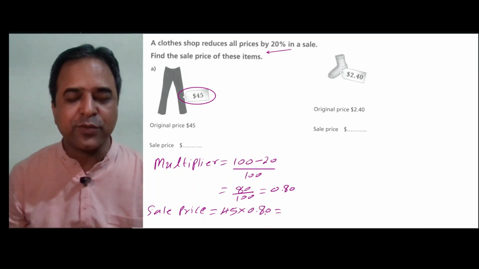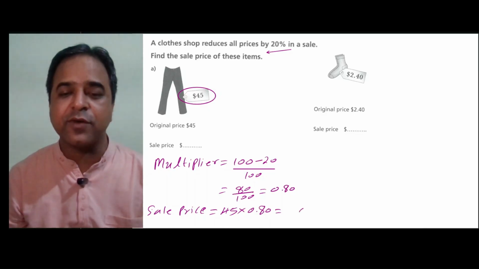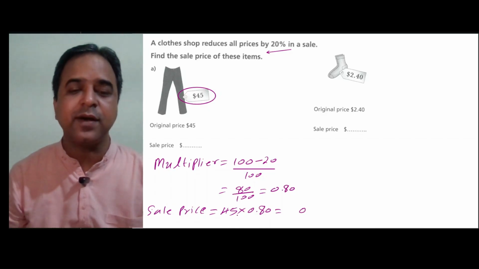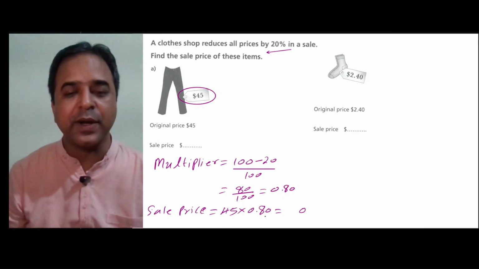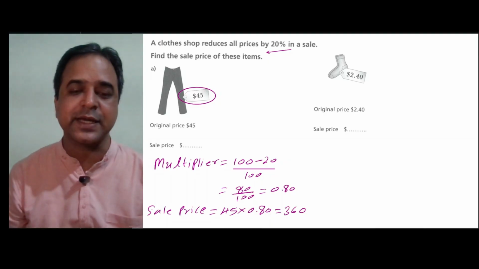When we multiply this, what does it give? 8 5s are 40, 4 will be carried forward. So 8 4s are 32 plus 4 gives you 36.